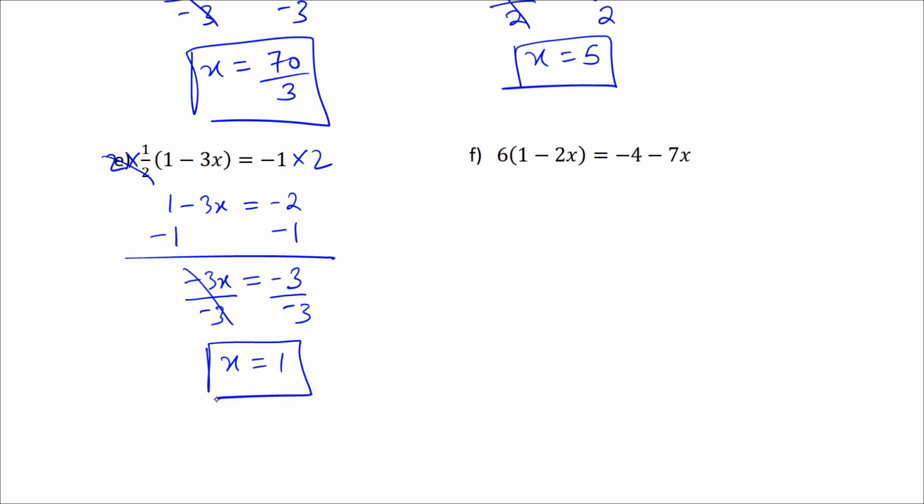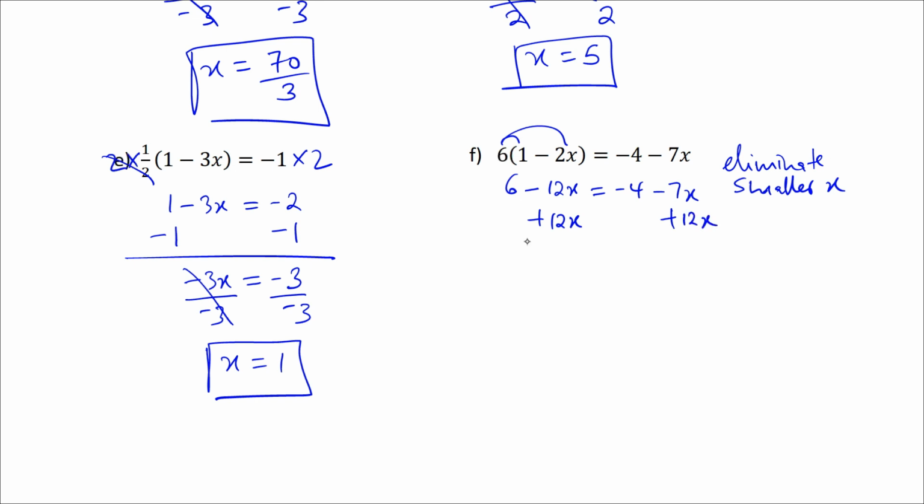Okay, last question. Of course, before we start doing anything, we have to get rid of these brackets. So let's multiply out the brackets. So 6 minus 12x will be equal to negative 4 minus 7x. All right, and then eliminate the smaller x. Now, the smaller x happens to be negative 12x, so add 12x on both sides.